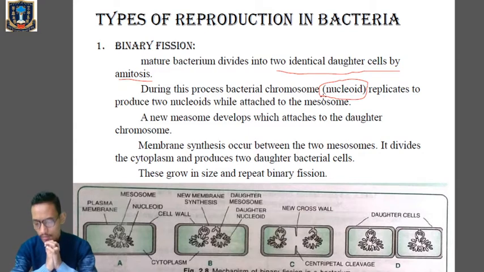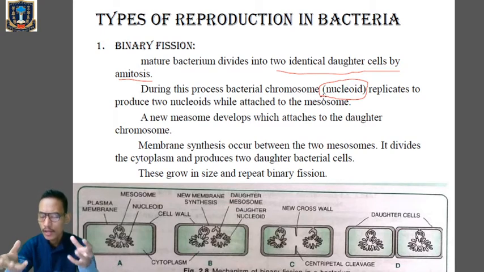I discussed that bacteria do not have a well-defined nucleus. That means the nucleus is not surrounded by a nuclear membrane. Therefore the chromosomal material will be scattered throughout the cytoplasm in a structure known as nucleoid.